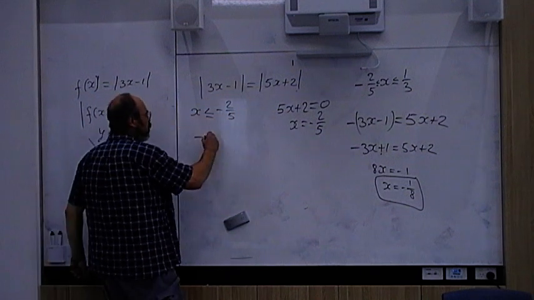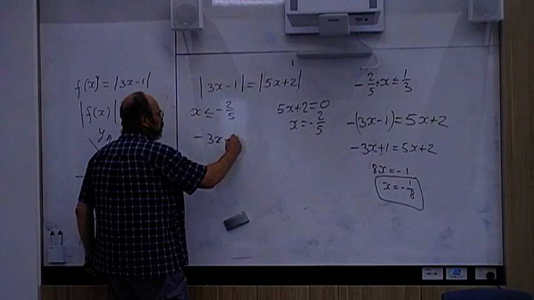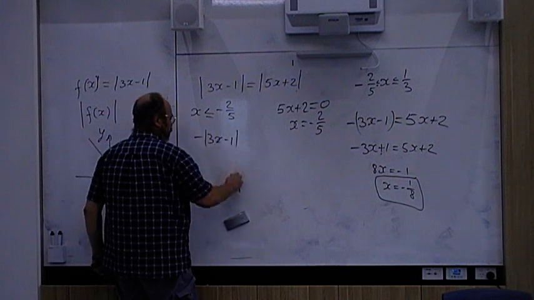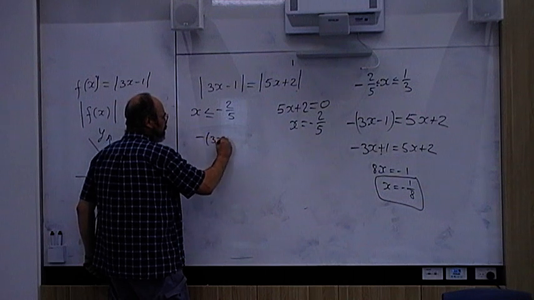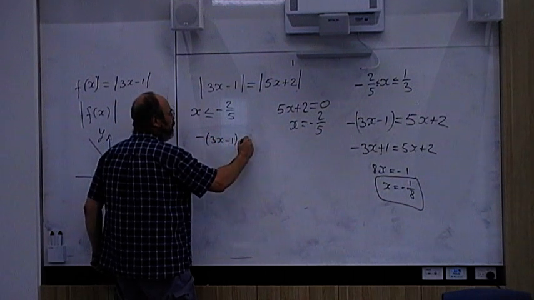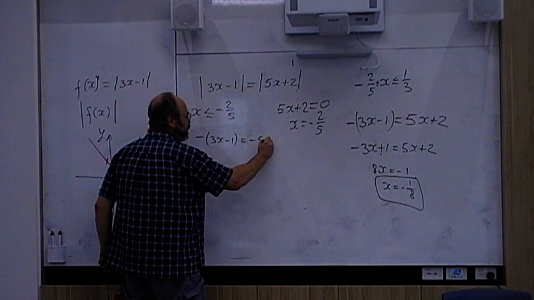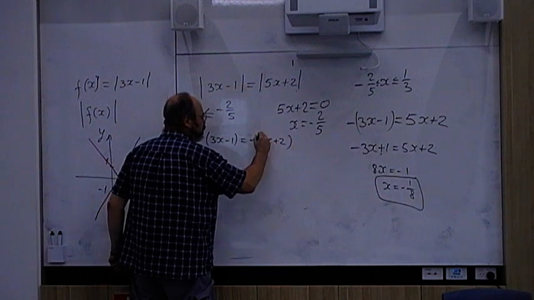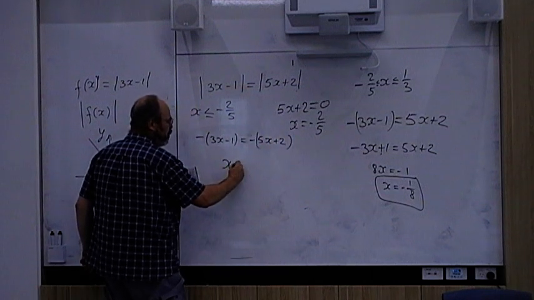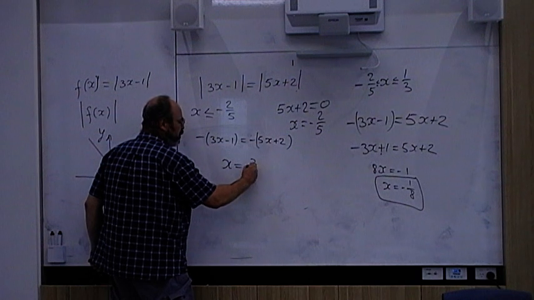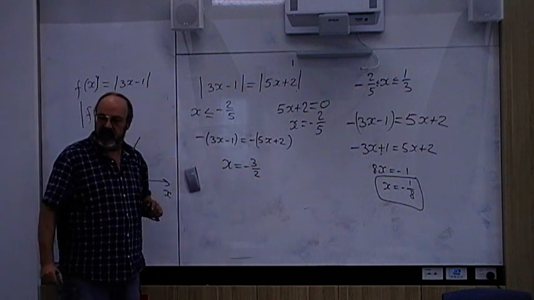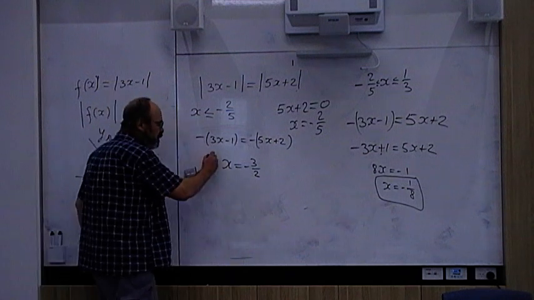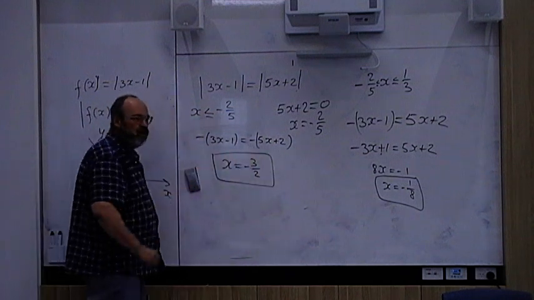So we need to solve negative 3x minus 1 equal negative 5x plus 2. And we get the solution that we had before, x equal negative 3/2, which now is in the interval. So yes, we got the second solution.